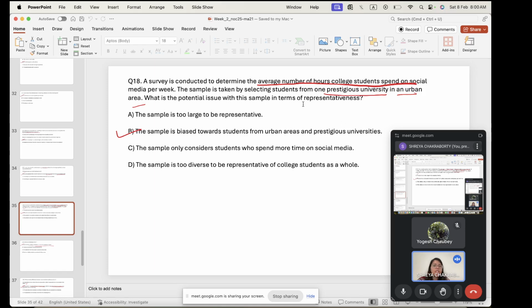Since my question is pertaining to college students in general, not college students in an urban area from prestigious universities, making a very specific sampling unit or sampling frame would lead to biases.